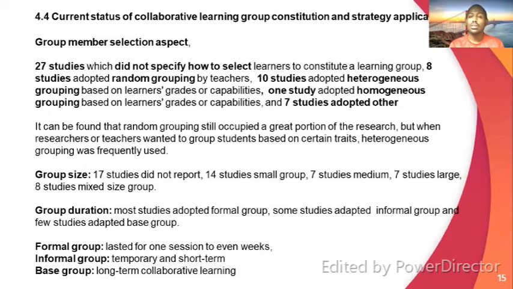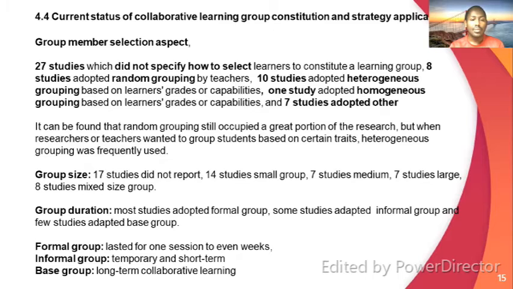About 27 studies. 8 studies adopted random grouping, 10 studies heterogeneous, 1 study homogeneous, and 7 studies adopted other grouping strategies like portfolio-based grouping. So it can be found that random grouping occupies a great portion of the research, but when researchers or teachers wanted to group students based on certain traits, heterogeneous grouping was frequently used.